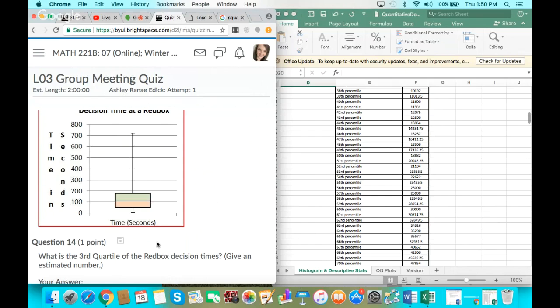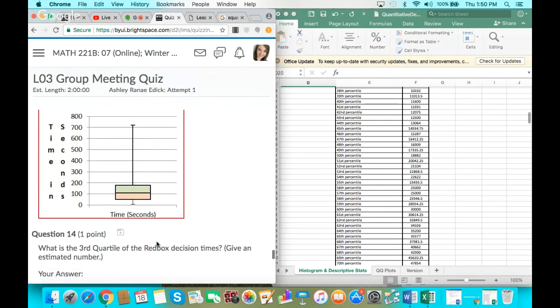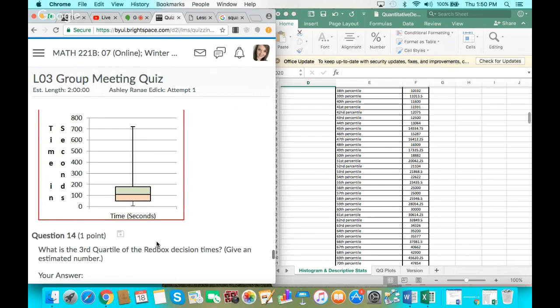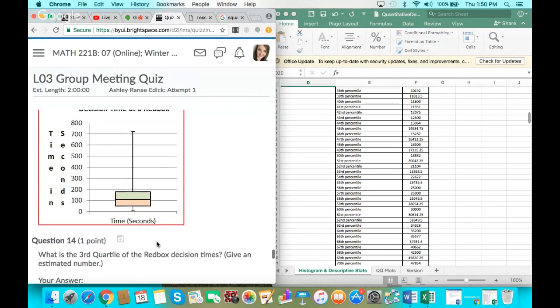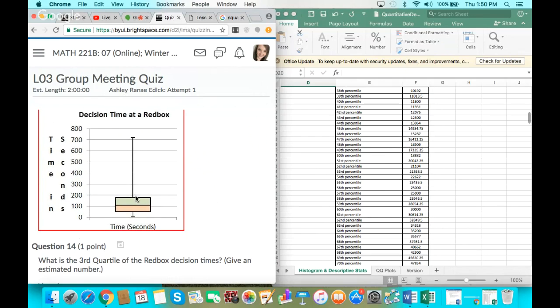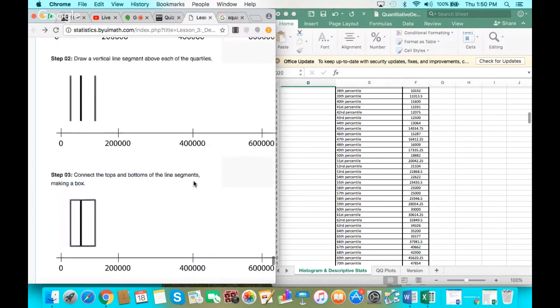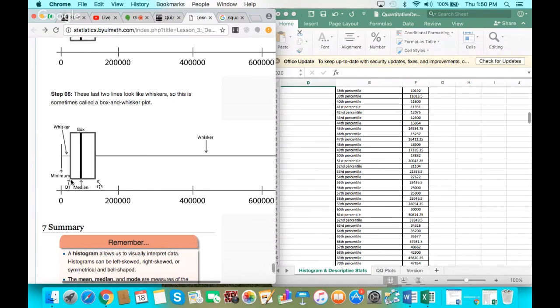So what is the third quartile of the Redbox decision times? Give an estimated number. So the very bottom line, that's the minimum, right? And then the first line is the quartile.